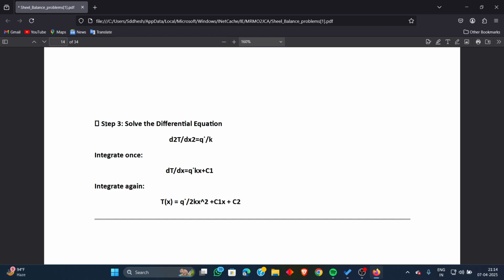Integrate once, we get dT by dx is equal to minus Q dot upon K x plus C1. Integrating again, we get T is equal to minus Q dot by 2K x square plus C1 x plus C2.